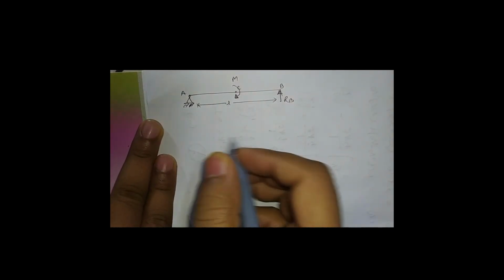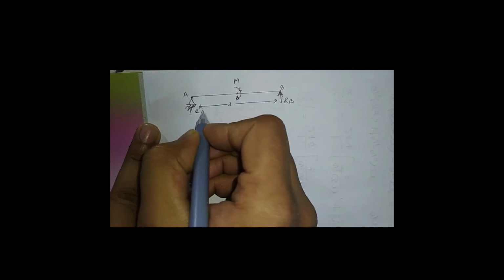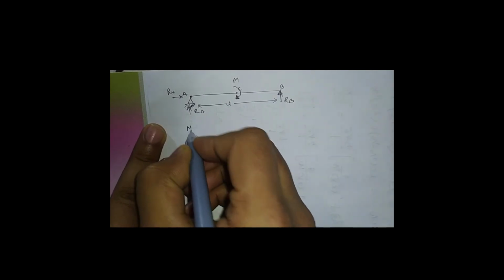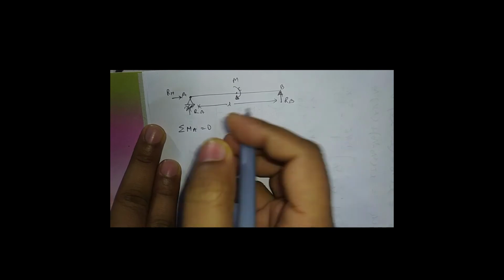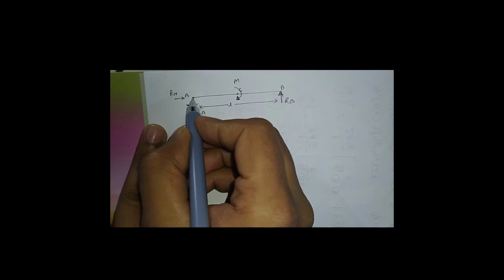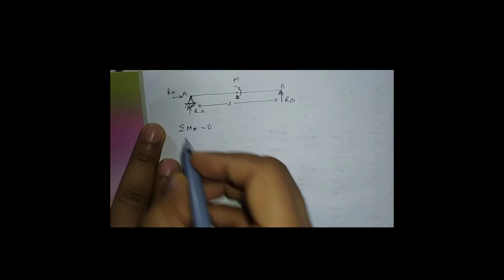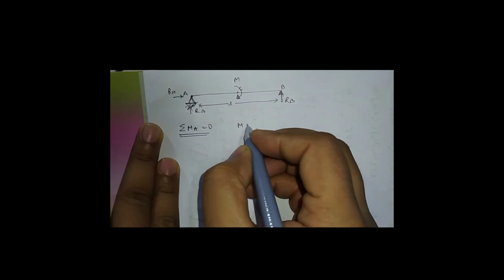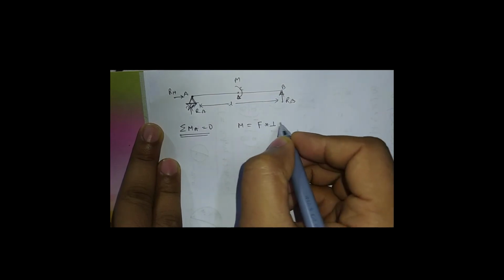As the support at point A is a hinge, and a hinge does not resist any moment, the moment about point A will be 0.